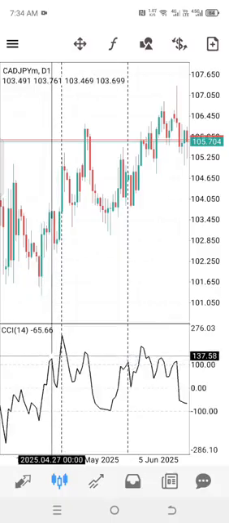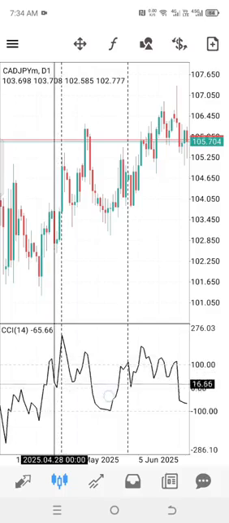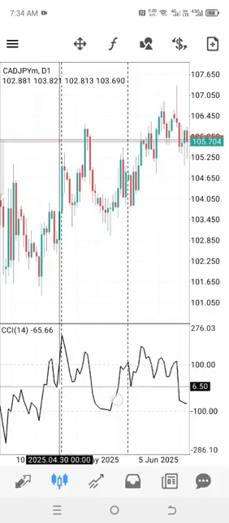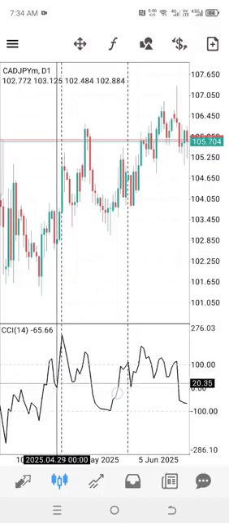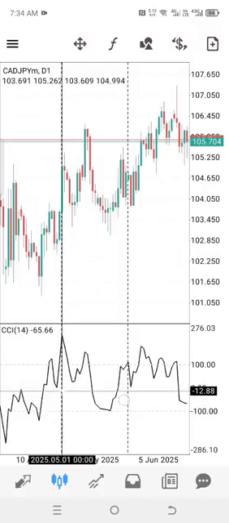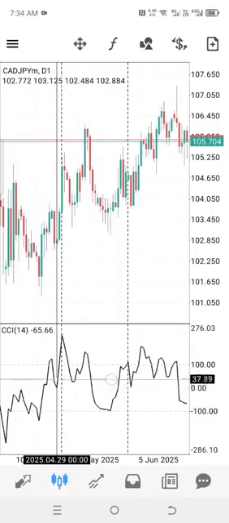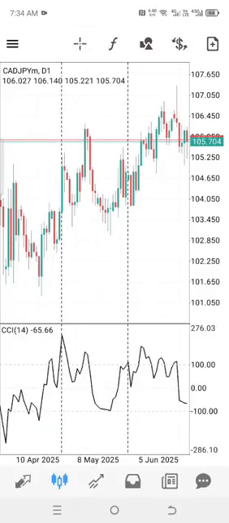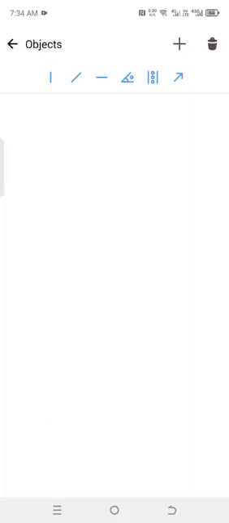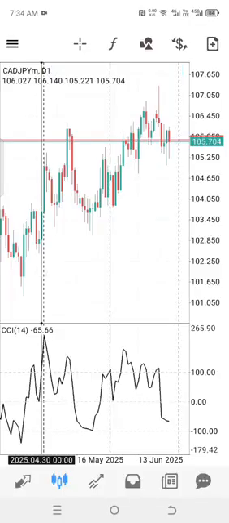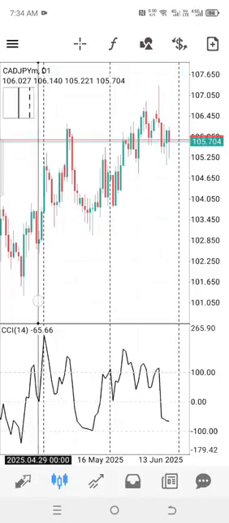Then I simply need to wait for the CCI to drop back on that same time frame to below 100, but of course it shouldn't go below the 0 level, so it has to be in between the 100 and the 0 level. So I'm going to put my marker there. So this is where we have our CCI currently.